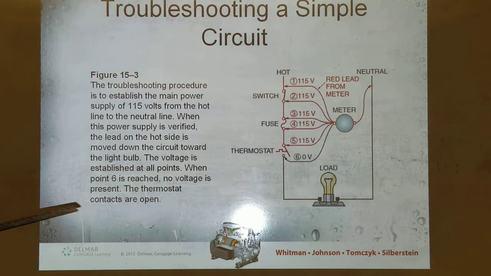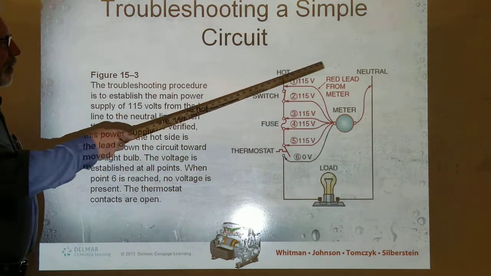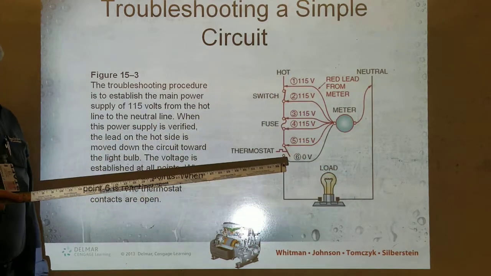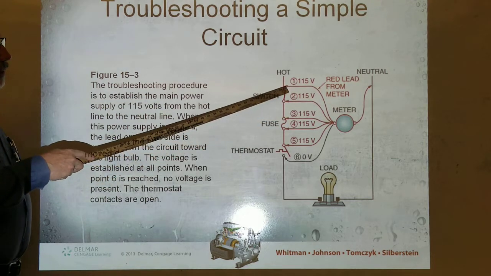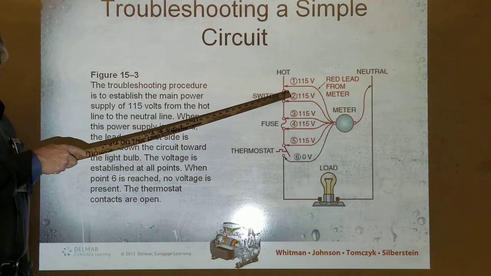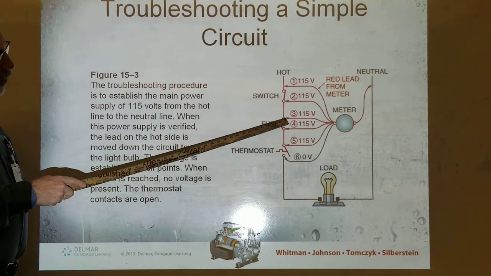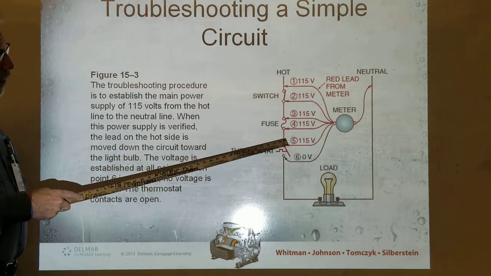So if you're checking this circuit right here, see the circuit right here? We're gonna check it with our voltmeter. See it? So we're gonna go to neutral to high, right? 115 volts, we're reading on our meter, right? And we're gonna continue to read that all the way down this line because you're reading actually one line, right?